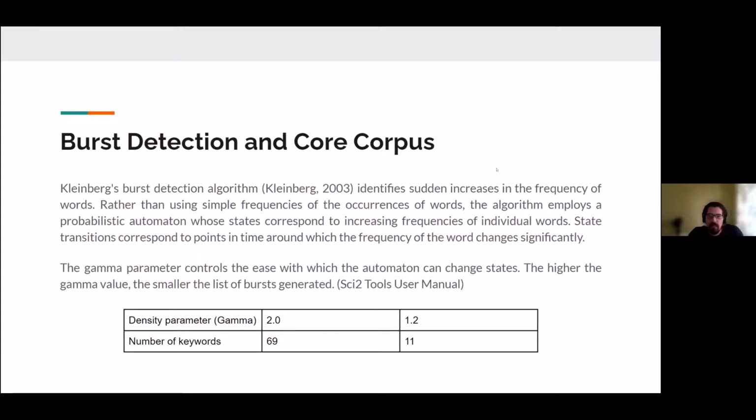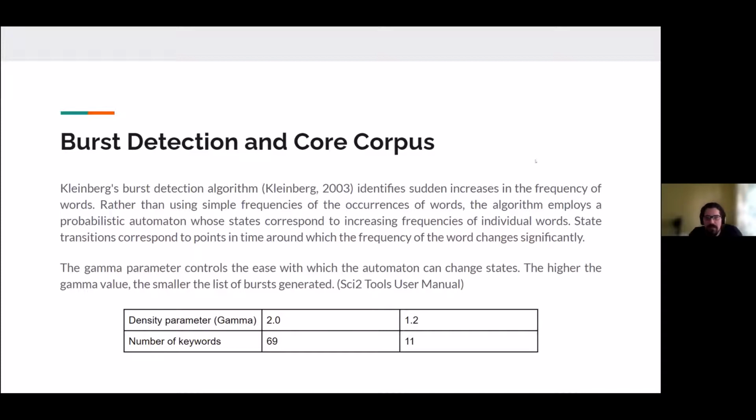But this algorithm looks more like the first derivative of the frequency analysis, but also with certain parameters, so that it does not include unnecessary bursts or things that don't seem like proper bursts.